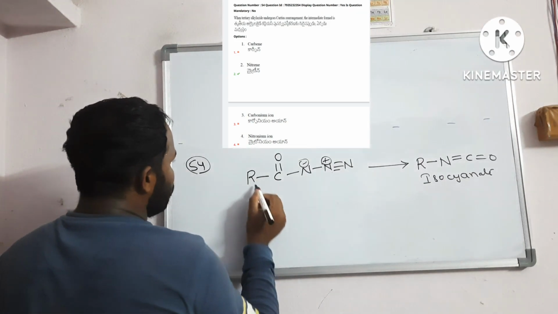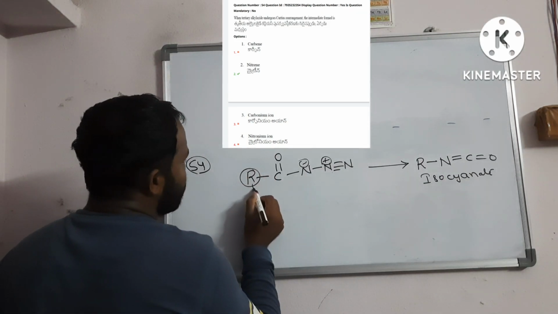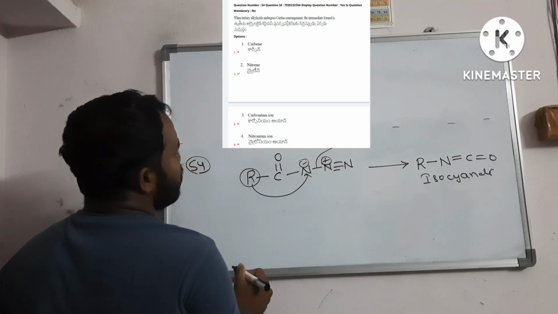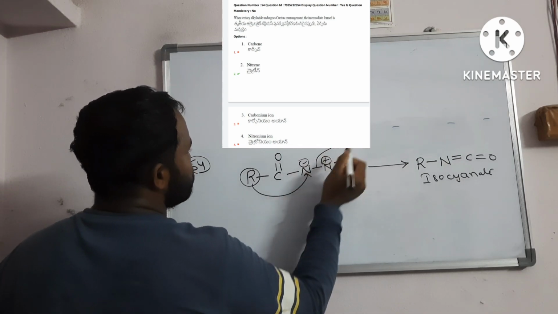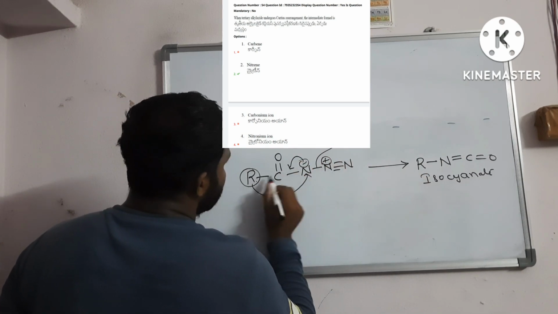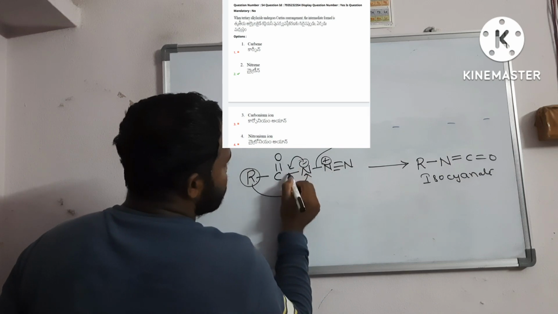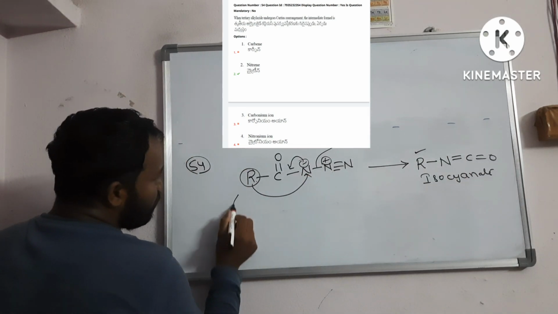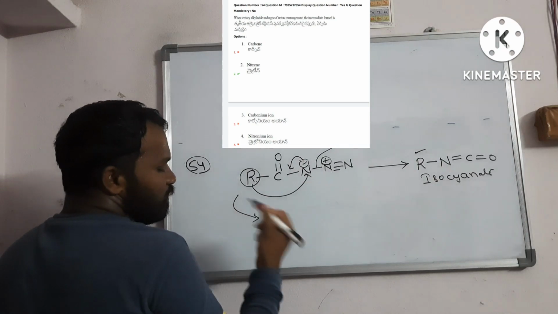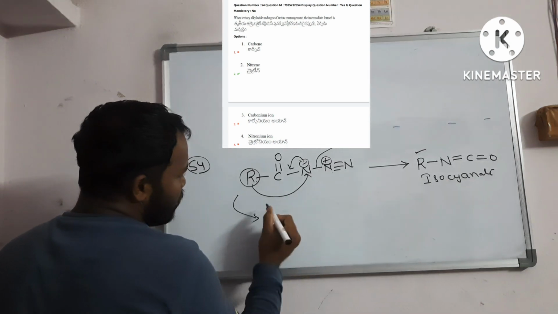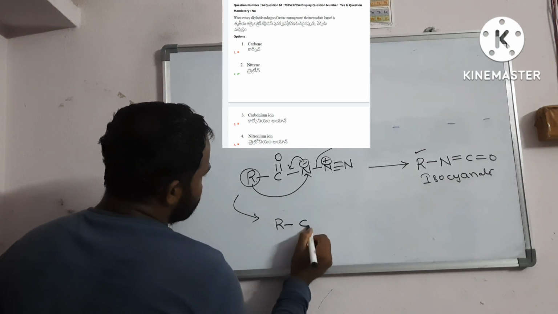What is the intermediate? How will you say? If this R comes from here to here, then N2 is removed and the minus comes here. You will get R attached to N, then C=O, isocyanate, right? But before that, actually, the mechanism does not exist in this case.